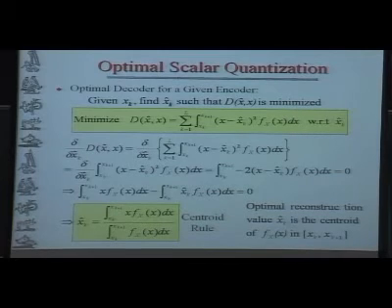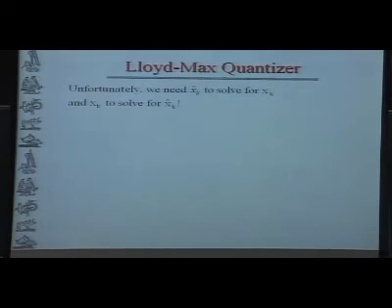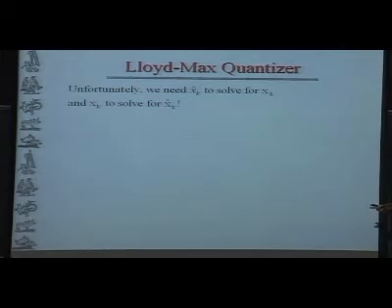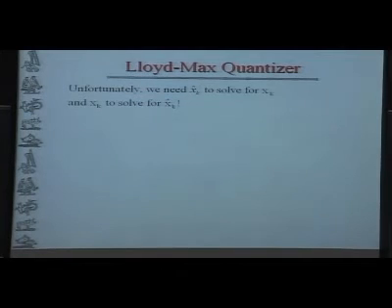Okay? That problem was solved by Lloyd and Max all the way in the 1950s. Unfortunately, we need x hat k to solve for x_k, and then we need x_k to solve for x hat k. Okay? So it's a chicken and egg problem, right? And when you encounter a chicken and egg problem, the only thing you can do is think of some kind of iterative algorithm.